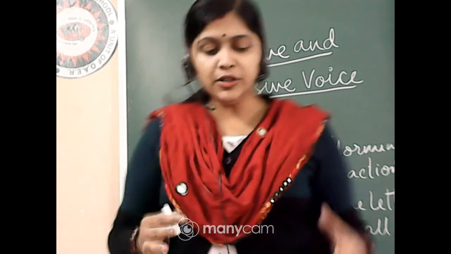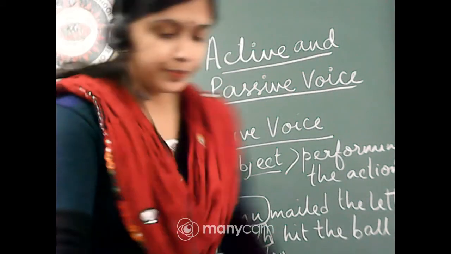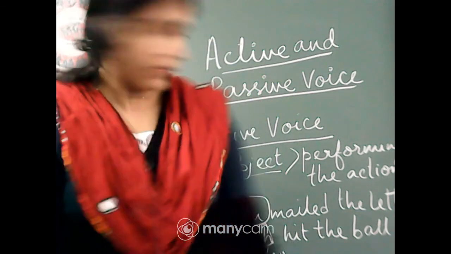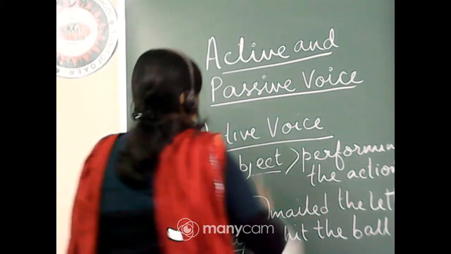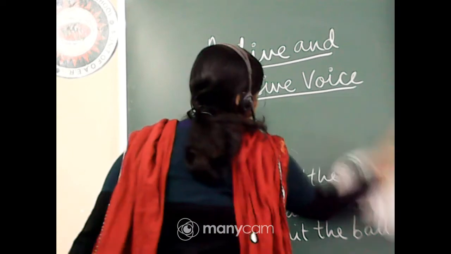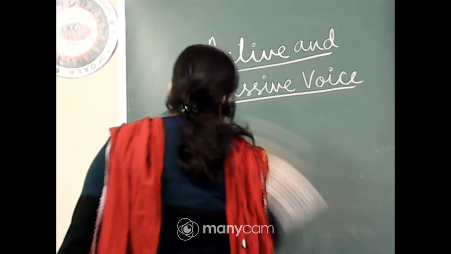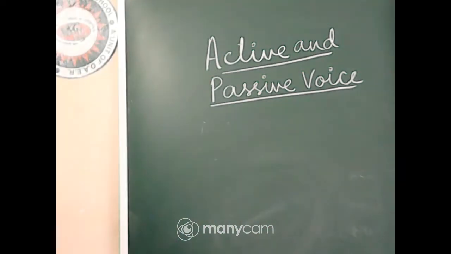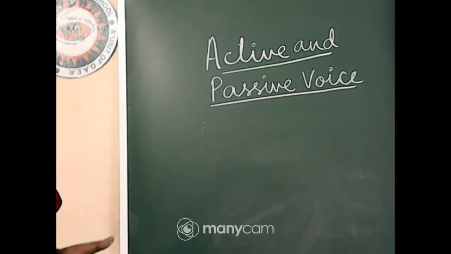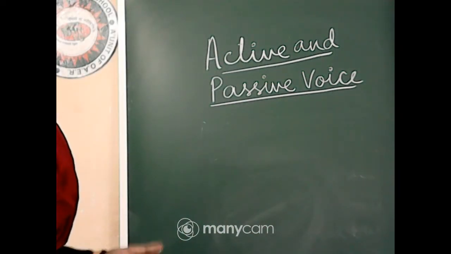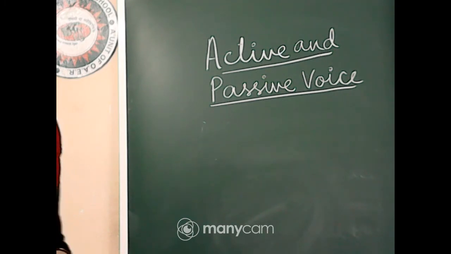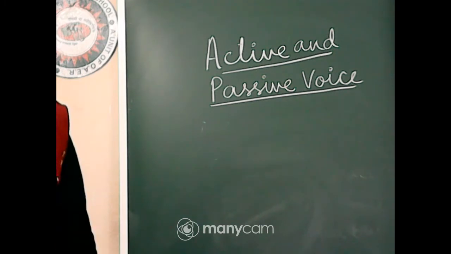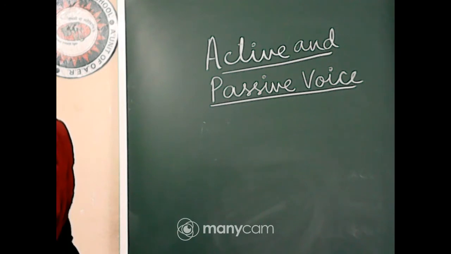Now what about the passive voice? A passive voice is when the subject gets the passive place in the sentence. Here the verb in a sentence shows that the subject is not the doer of the action, then it is said to be in the passive voice.